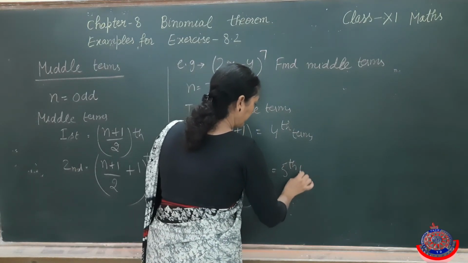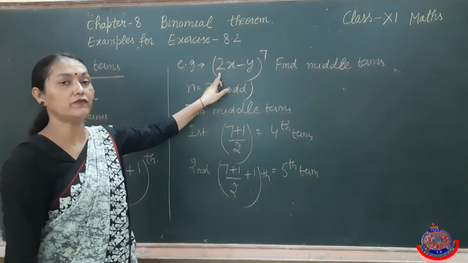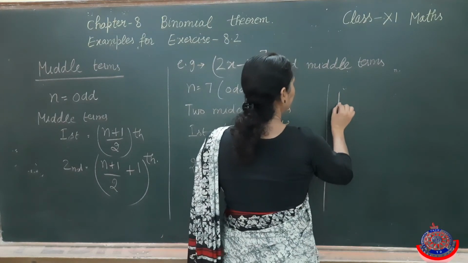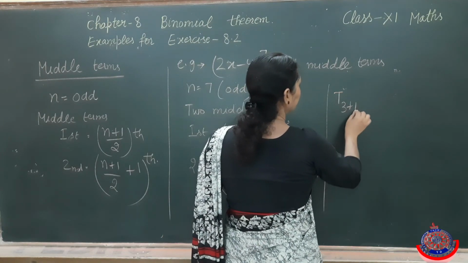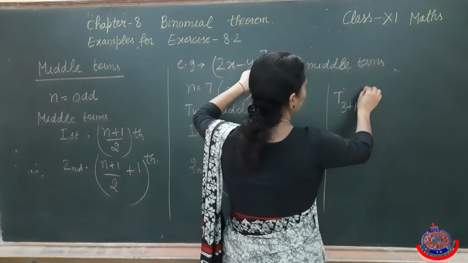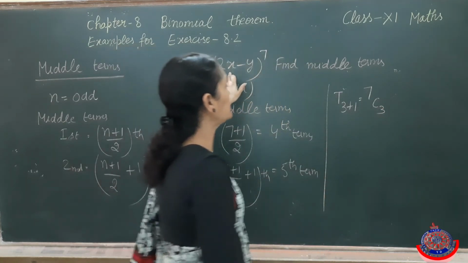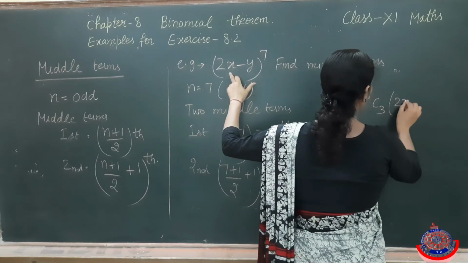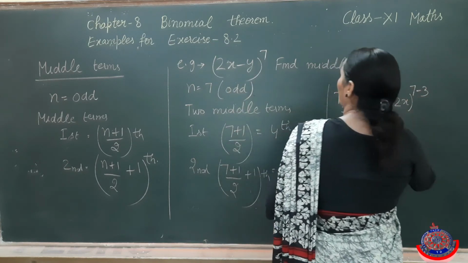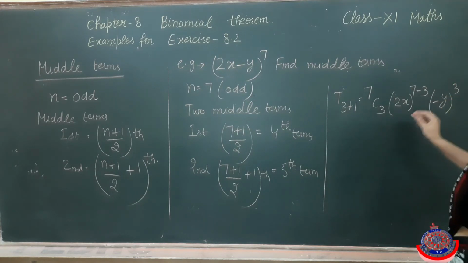So if we find out the fourth term and fifth term for the given expansion, we will be finding its middle terms. So fourth term means 3 plus 1, n is 7 and r is 3, a is 2x power n minus r, that is 7 minus 3, and b is minus y power r, which is 3.